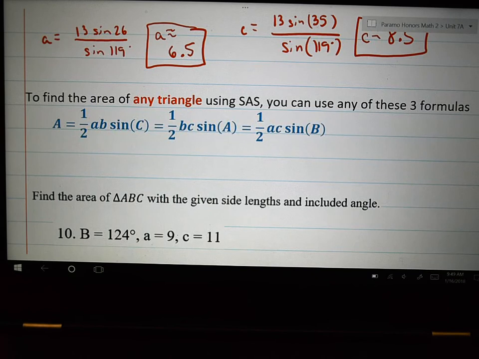What's the advantage of these three formulas? Now you don't have to have a perpendicular height. Now you don't have to have a base times height because you can use the outside of triangles that are not right triangles. This works for any triangle.